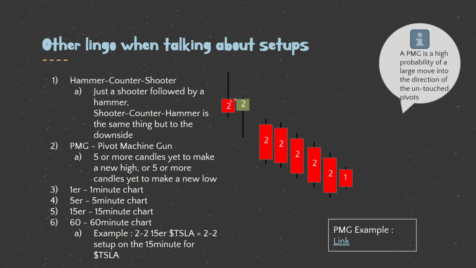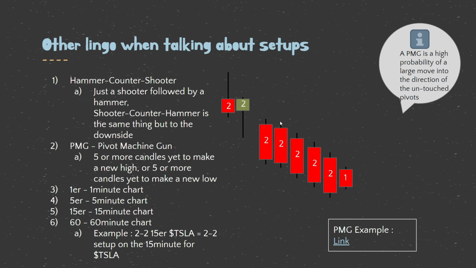And you'll see this happen a lot if you look at wedges on charts. The wedge will go to the upside, and then it'll come back to the downside and stop everyone out. That's what this would be on a higher time frame. A good example of that would be Palantir, PLTR, on the weekly or daily chart. And then we have a pivot machine gun, which is just 5 or more candles yet to make a new high, or 5 or more candles yet to make a new low.